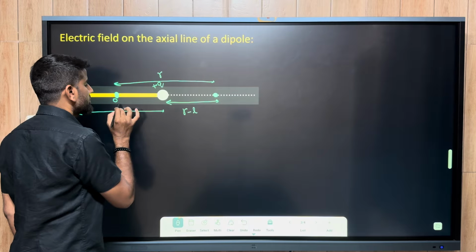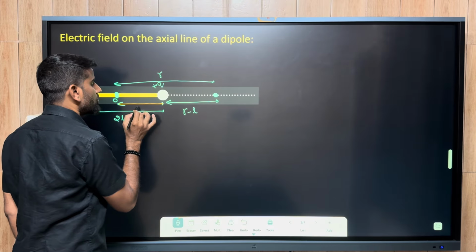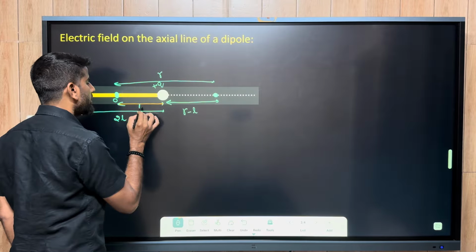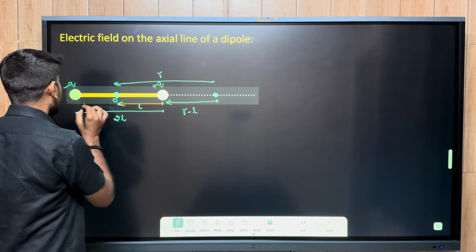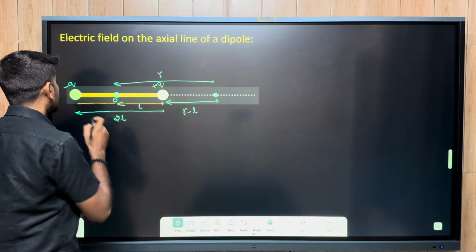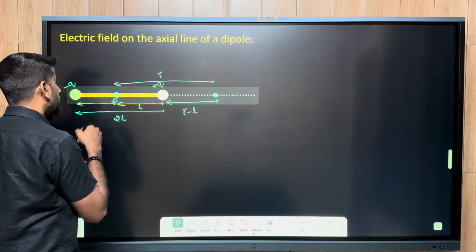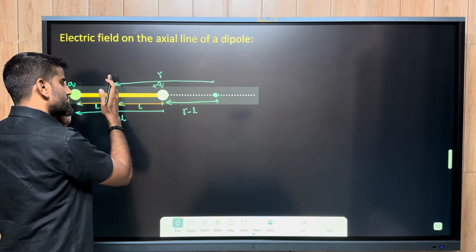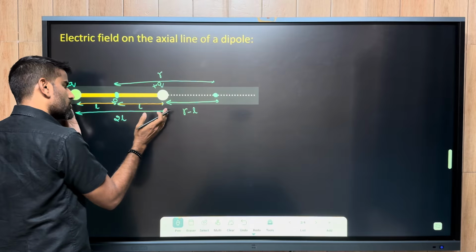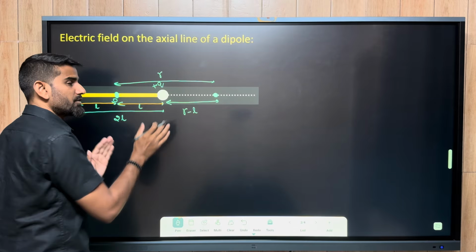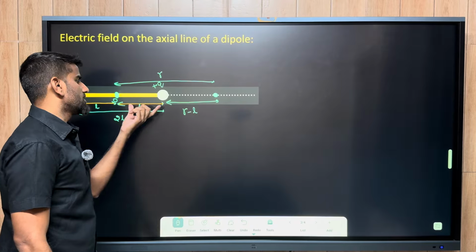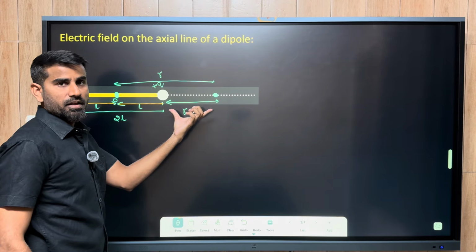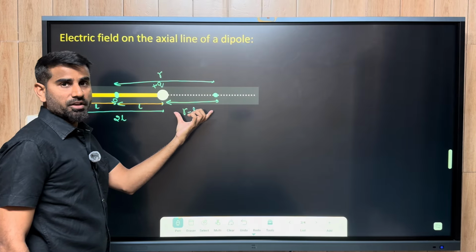If this is the center, then this distance will be L, and this distance also will be L. Together 2L. As this is the center, each distance is half of the total length. So this is L, and this is R minus L. This is the distance that we are looking into.